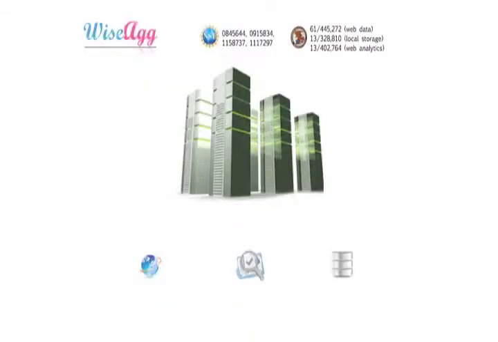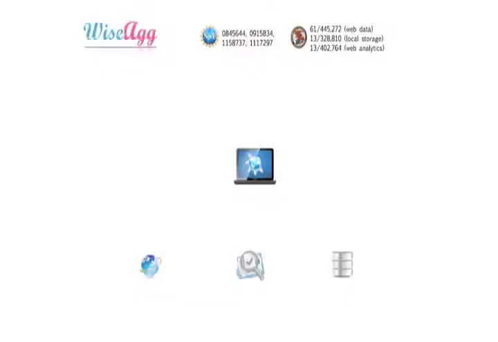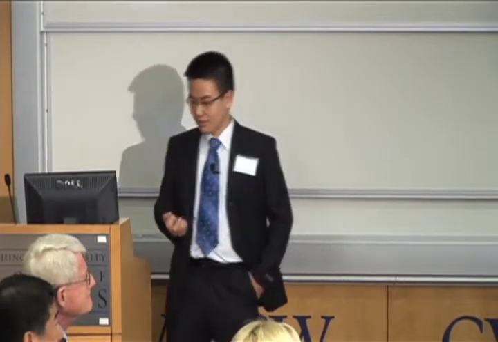This is where WiseAgg steps in. WiseAgg is going to replace the data center with just a laptop. Of course, we are not going to store all the data in a laptop, but using just the computing power of a laptop, we are going to shrink the large data resources into very small but highly representative samples, which enables us to generate accurate results.